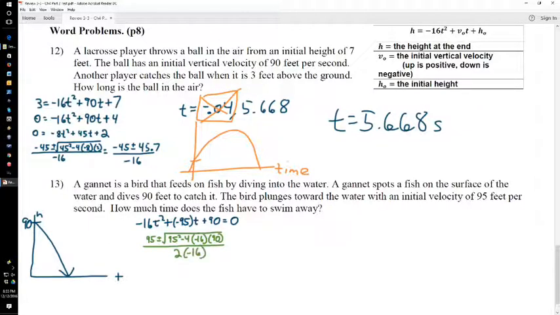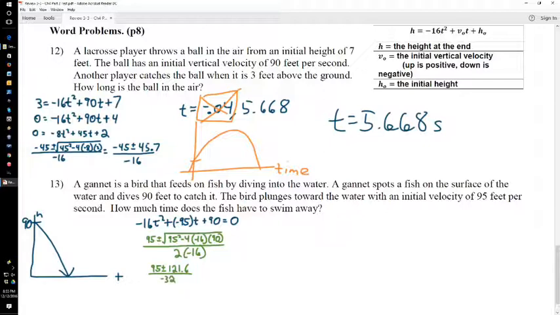And again, this is a word problem. I'm not worried about this reducing all perfectly and everything, so I'm just going to throw everything in my calculator. I got 95 plus or minus, all that crunches out to 121.6, divided by 2a. 2 times negative 16 is negative 32.